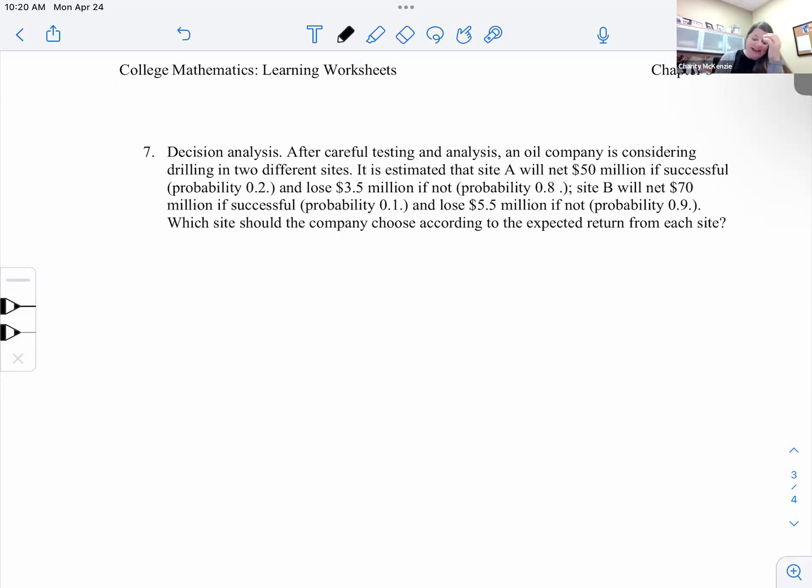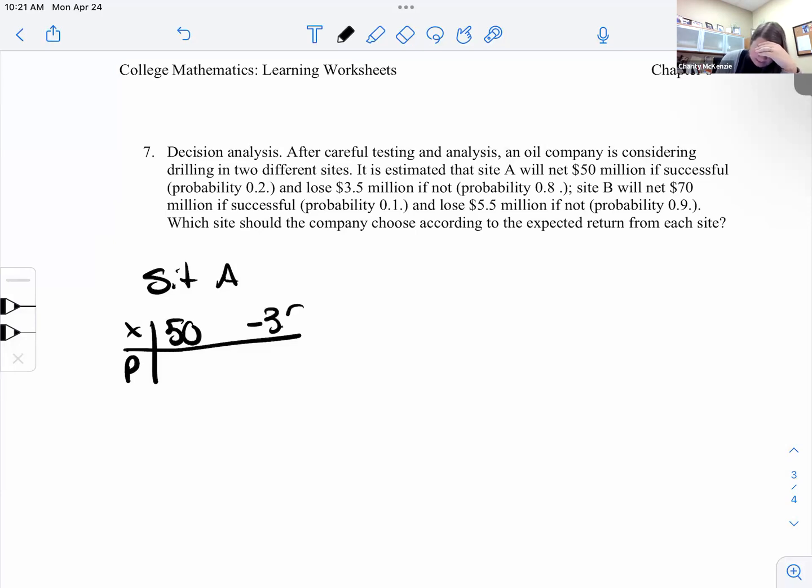So let's look at site A. We'll do our probability distribution, right? So 50 million we could win, or we could lose 3.5 million, right? So either we're going to win money or we're going to lose money. The probability is 0.2, that's terrible, that we win 50 million, and there's a probability of 0.8 that we lose.